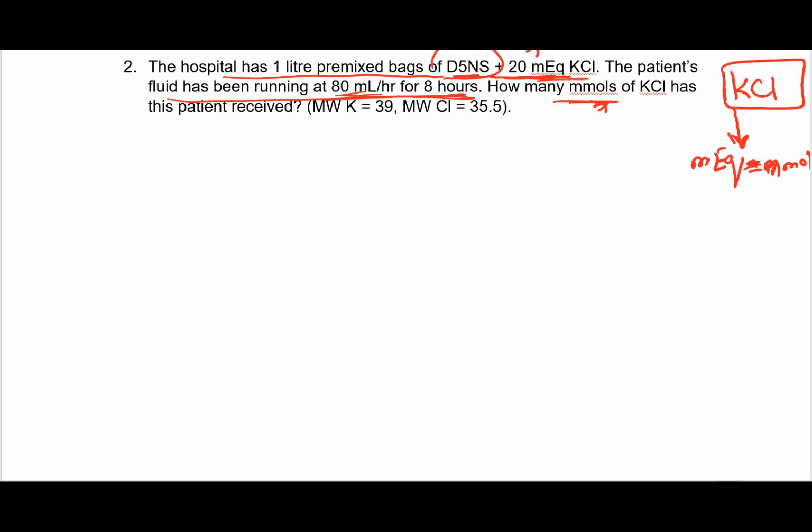So let's do this calculation bearing in mind milliequivalents, and that will be the same in the end as the millimoles. We have a 1 liter solution, and it has 20 milliequivalents of KCl.